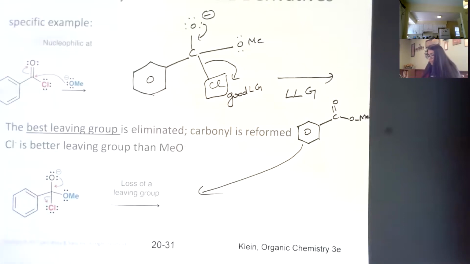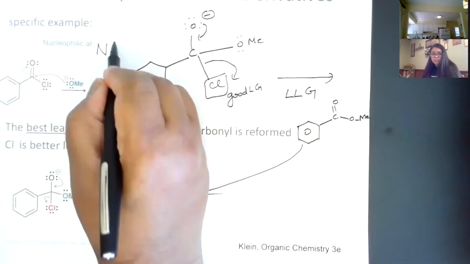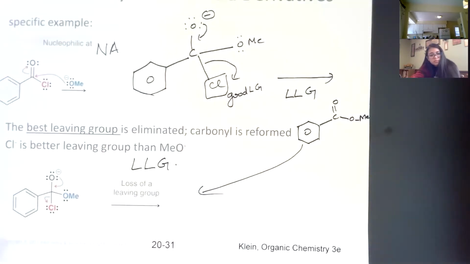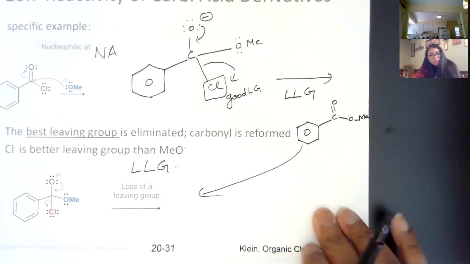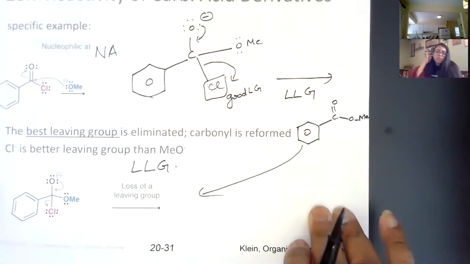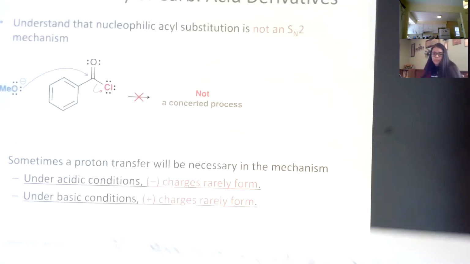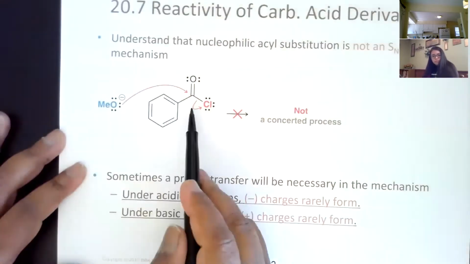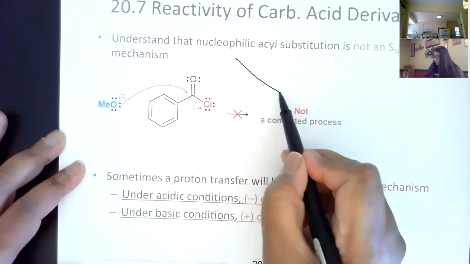Okay, it must take place in these steps. So there should be a first step and then a second step. You cannot have an SN2 type reaction. You cannot have this and that, okay?